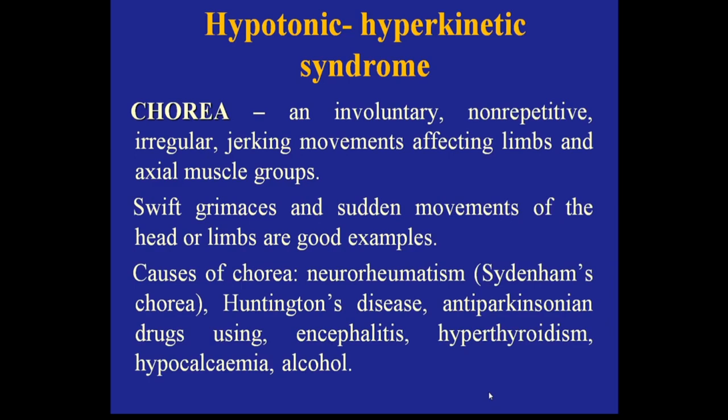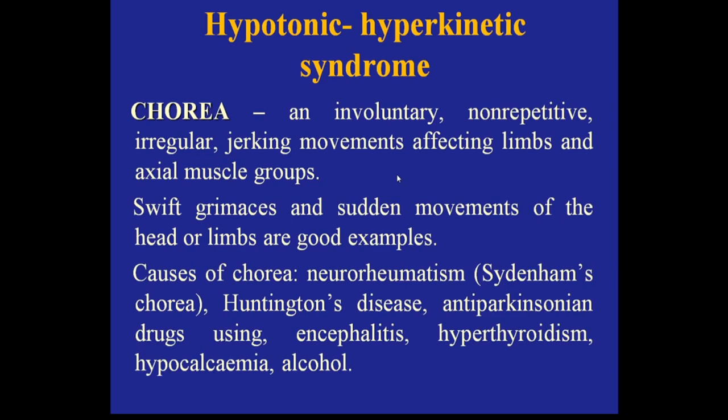And in case of striatum syndrome, patients have muscle hypotonia plus different types of hyperkinesis. What are they? The first one is chorea, involuntary, non-repetitive, irregular, jerking movements affecting limbs and axial muscle groups. Swift grimaces and sudden movements of the head and limbs are good examples.